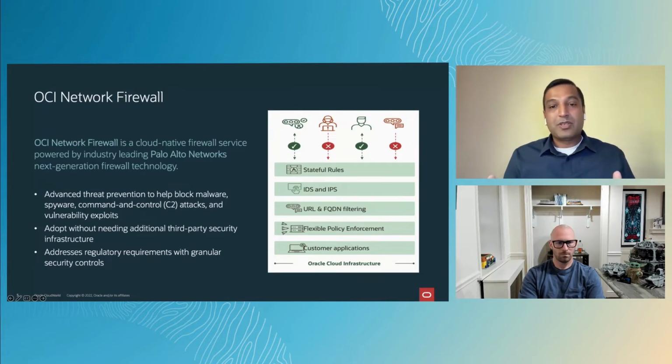In terms of features, we support three major feature categories. The first one is stateful firewalling, which allows you to enforce allow or deny stateful rules for both v4 and v6 traffic. And being a stateful firewall, we take into account the direction and the context of the flow when enforcing these rules. The firewall service also has an inbuilt intrusion detection and intrusion prevention system to help block malware and spyware type exploits.